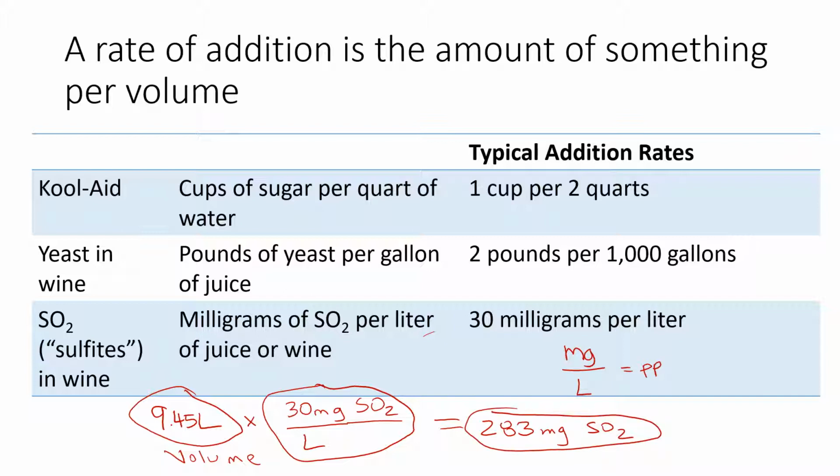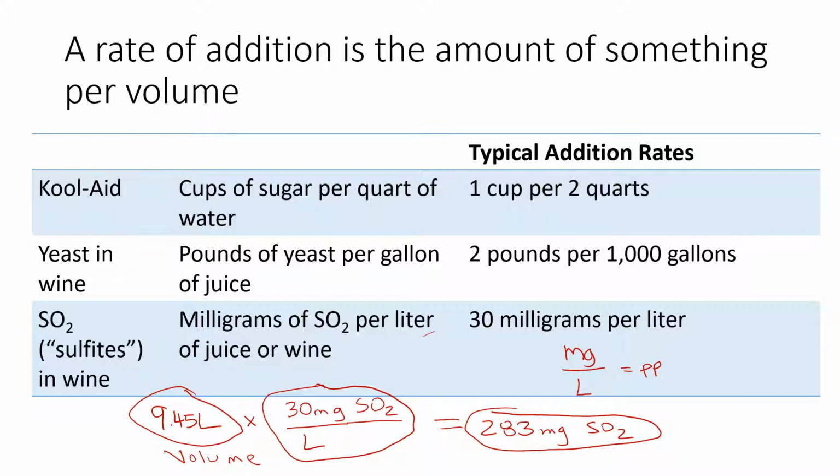So the 283 milligrams is how much we're going to add to the total volume, the 9.45 liters. It's no longer 283 milligrams per some volume. But that's the total we're going to add to our volume. The rate of addition is 30 milligrams per liter. So distinguish those because it's really important.